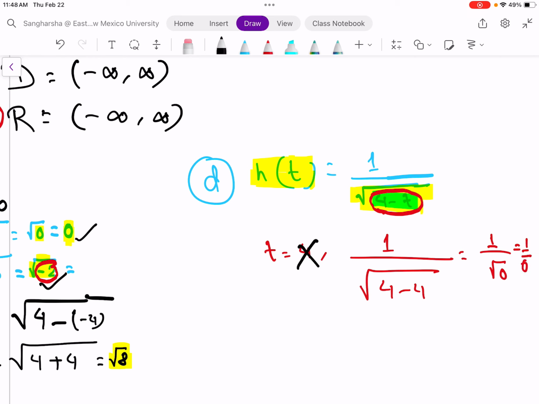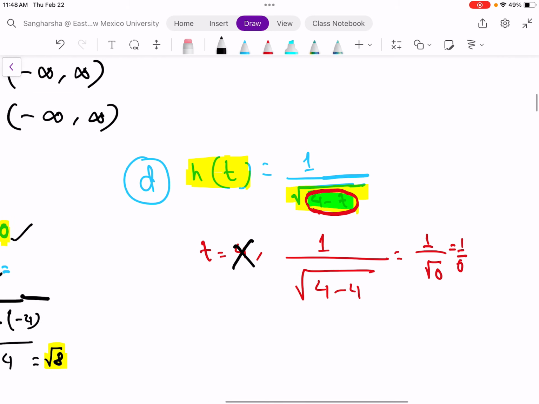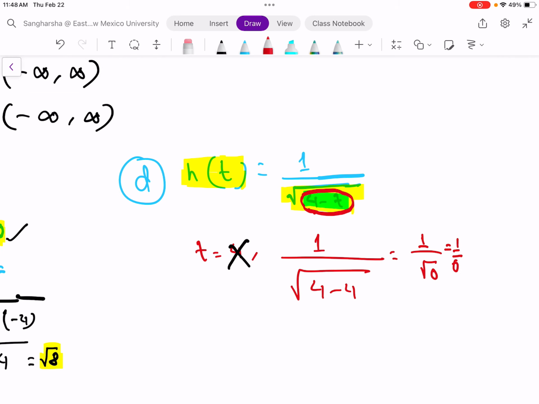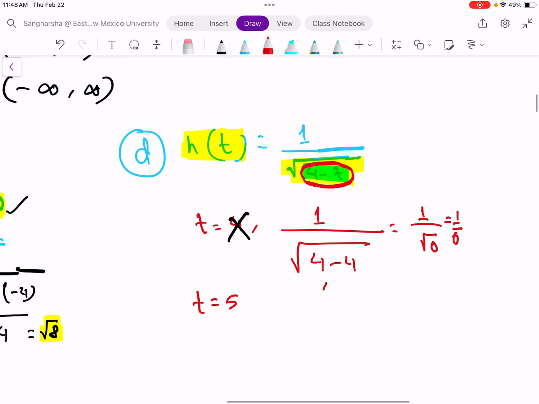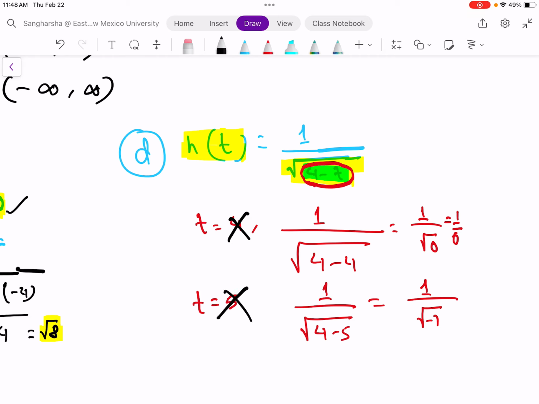Similarly, we can't have 5. If you choose t equals 5, then we have 1 over square root of 4 minus 5, which is 1 over square root of negative 1. This is not a real number, so we can't have this number in the domain. Now do you have any idea what the domain would be? Negative infinity to 4, in parentheses.